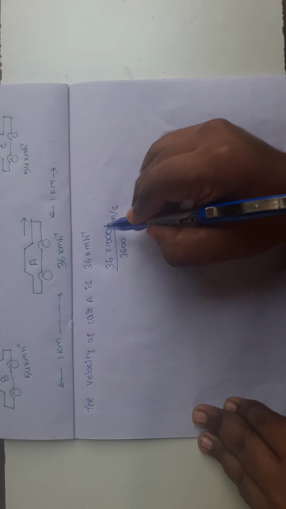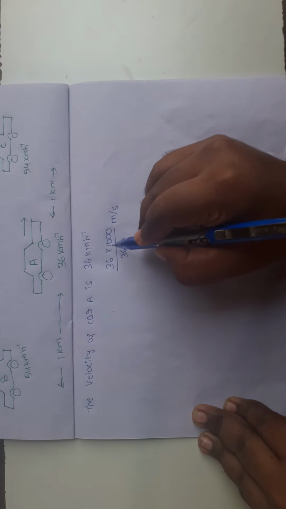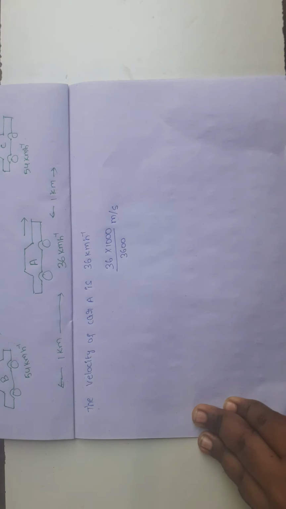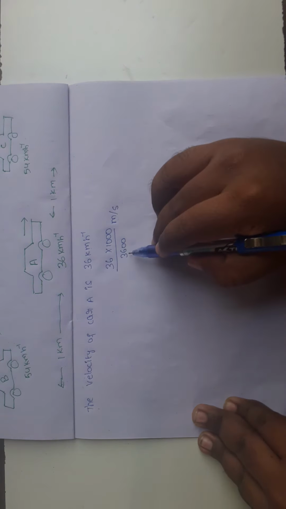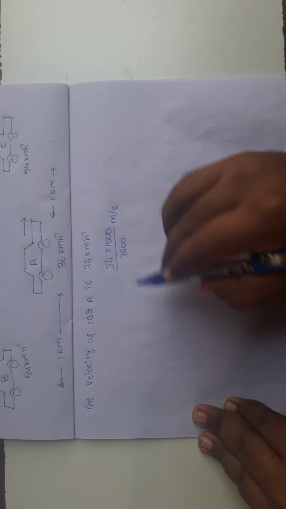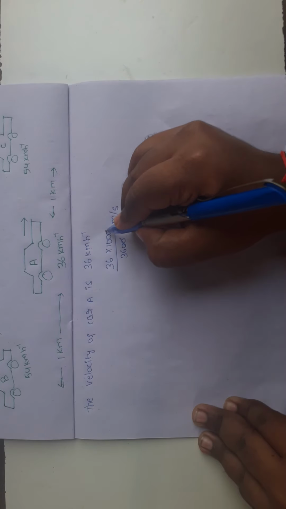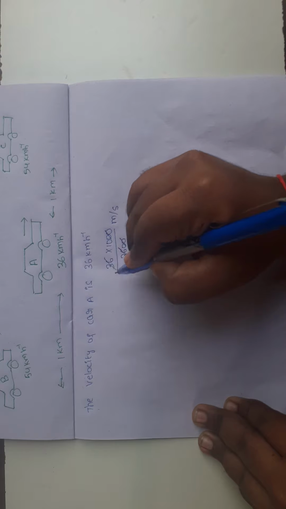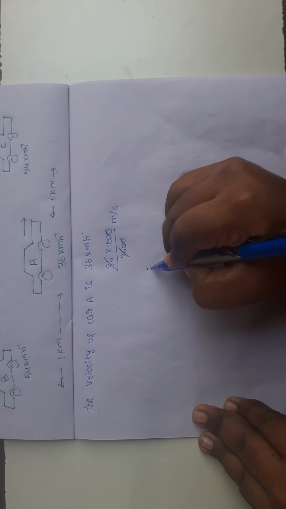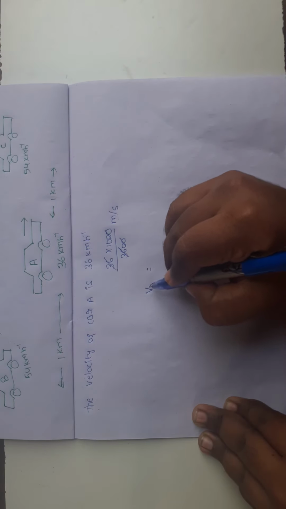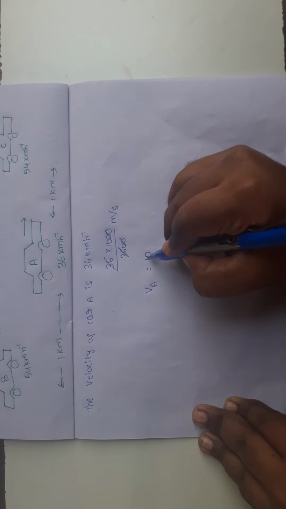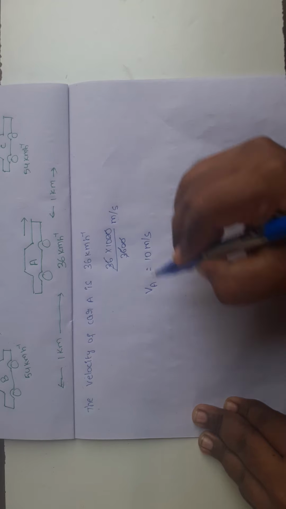So kilometer per hour is converted into meter per second by 1000 by 3600. Two zeros get cancelled, 36 remaining. So velocity of car A, VA, equals 10 meter per second.